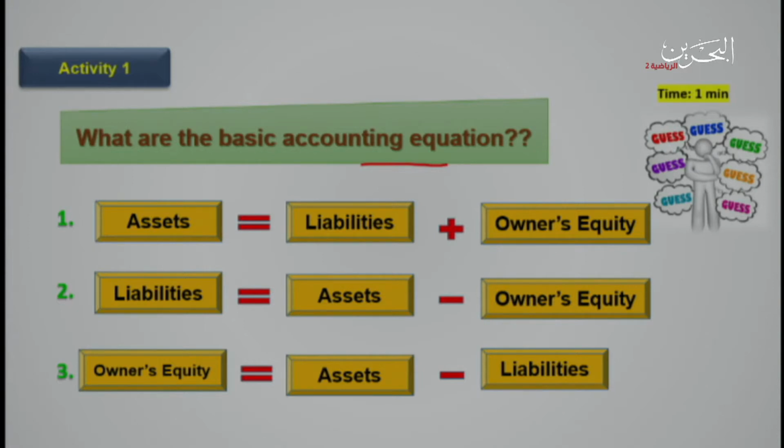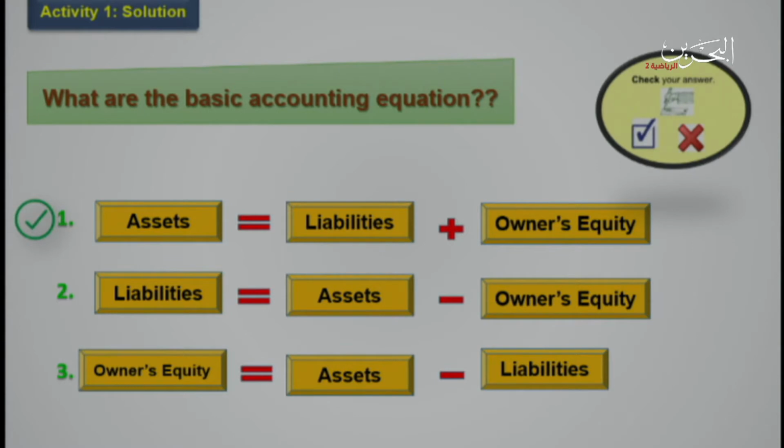Now, let us see the right answer. The first equation is the right answer. The first equation consists of the assets being equal to the liability, and I add to it the owner equity of the company to get the assets.